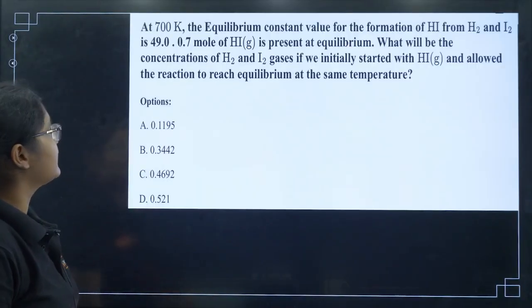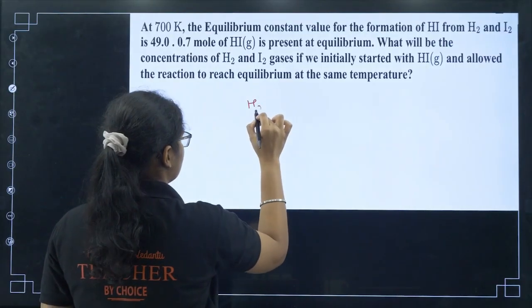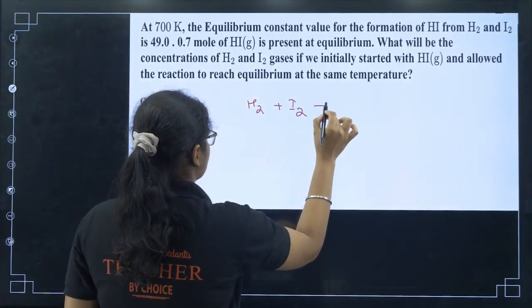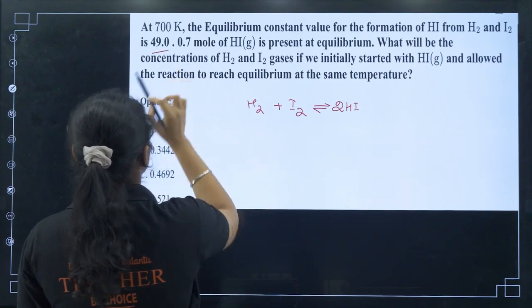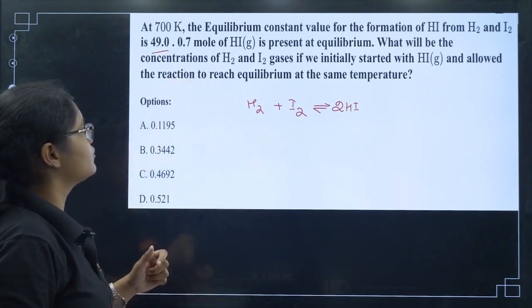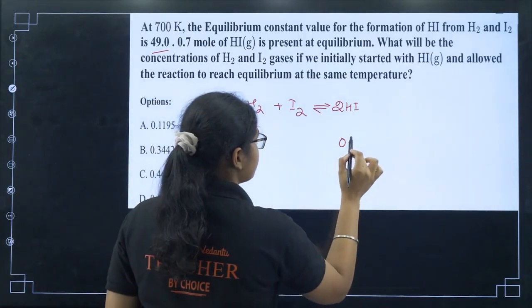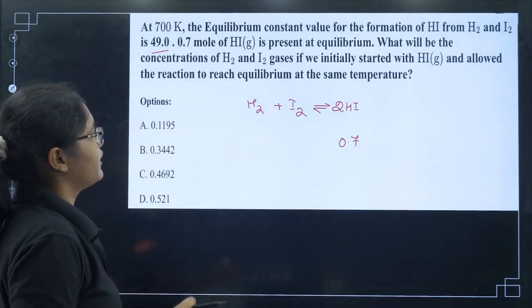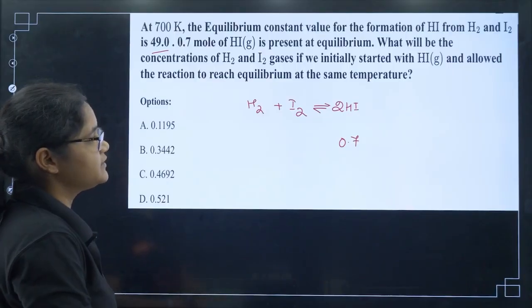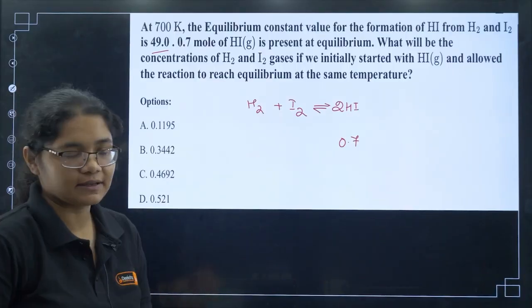Next, at 700 Kelvin, the equilibrium constant value for the formation of HI from H2 and I2 is 49. If 0.7 moles of HI is present at equilibrium, what will be the concentration of H2 and I2 if we initially started with HI and allowed the reaction to reach equilibrium at the same temperature?